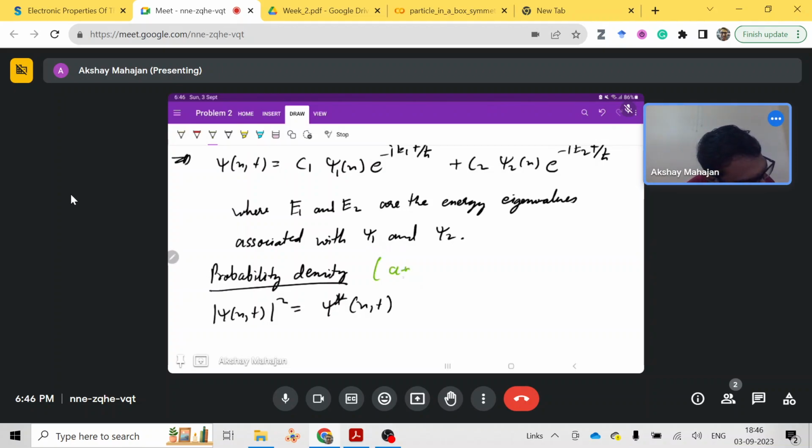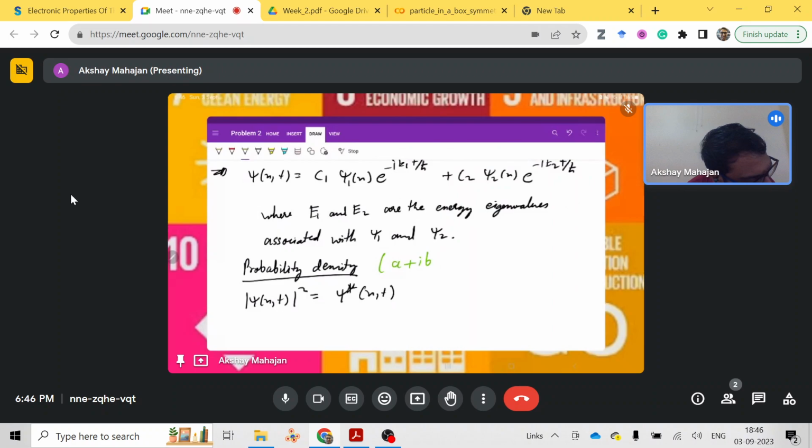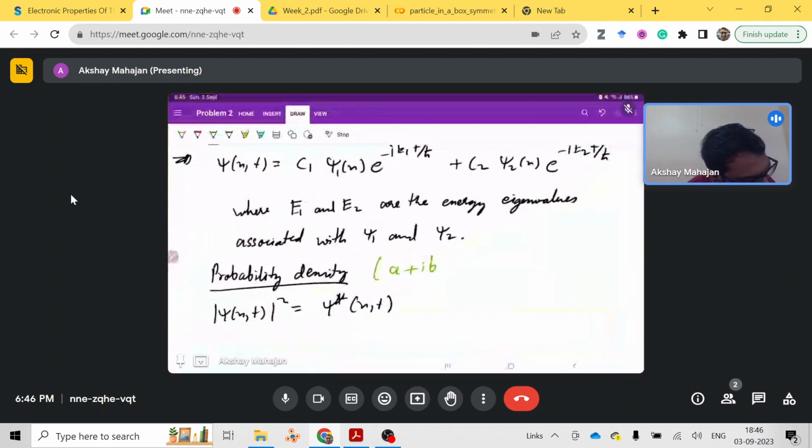If you don't remember, if a plus iota b is our complex number and we take the conjugate, that is just a minus iota b. Alright, so let's get to it.